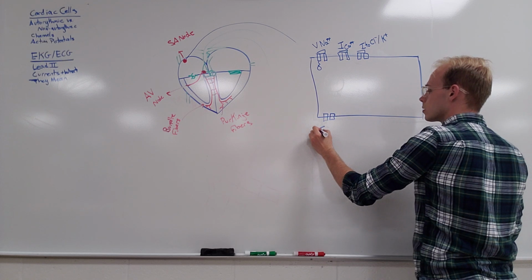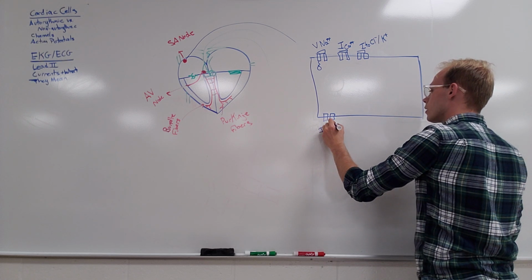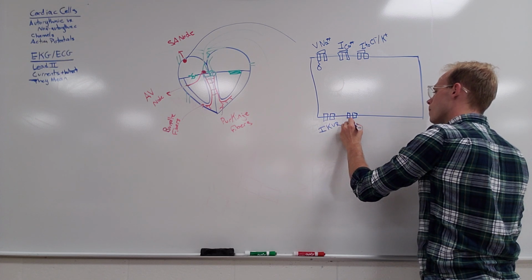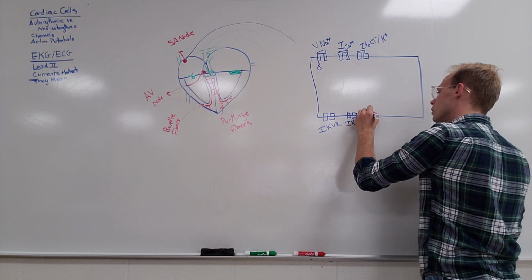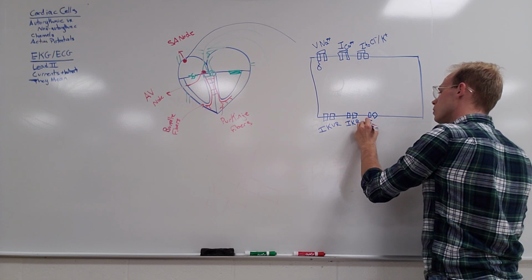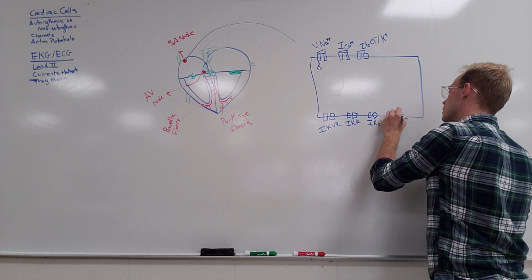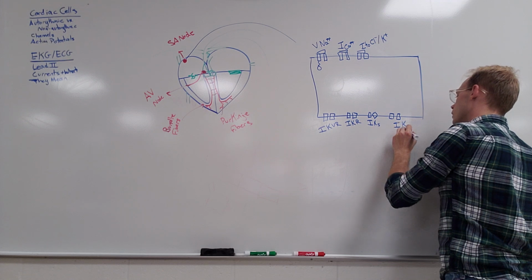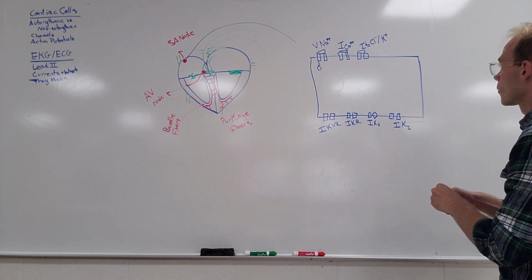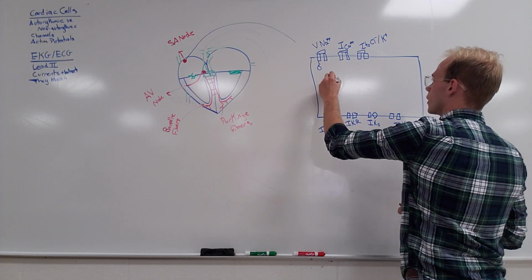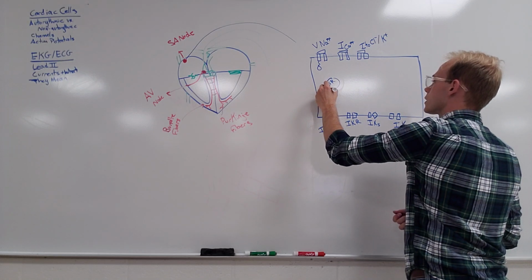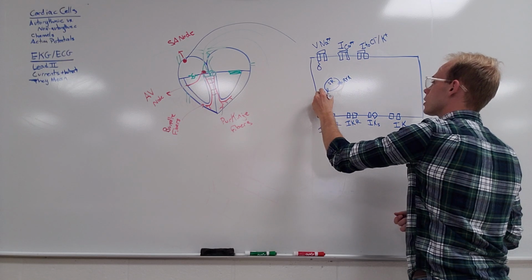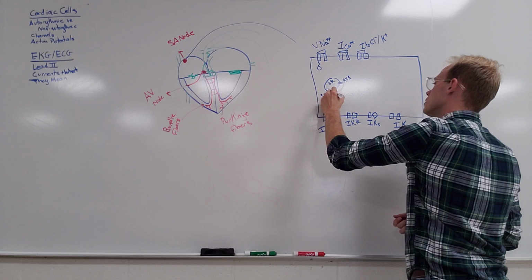I just stands for current, so it's something that happens when the membrane changes. Okay, so we've got I_Kur, I_Kr, I_Ks, and then I_K1. And then obviously we've got the SR, SERCA pump. Here's our ryanodine channel. I'll write SERCA here.